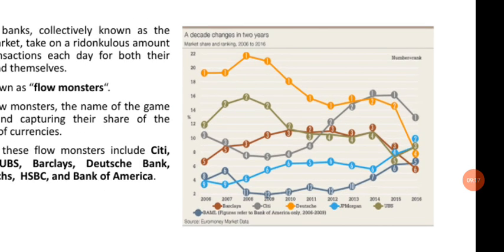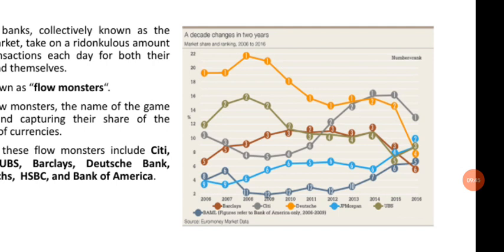This is just a schematic chart of the major banks. You can see how it changes over a decade. You can see the percentage control each bank had before. You can see Deutsche Bank in the early 2000s was the top bank of the world.